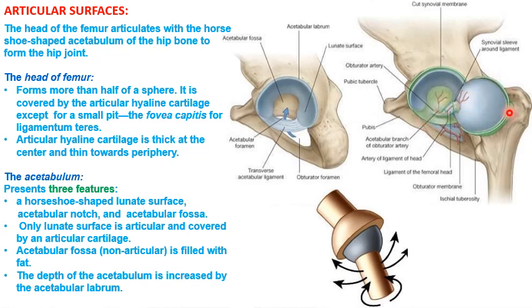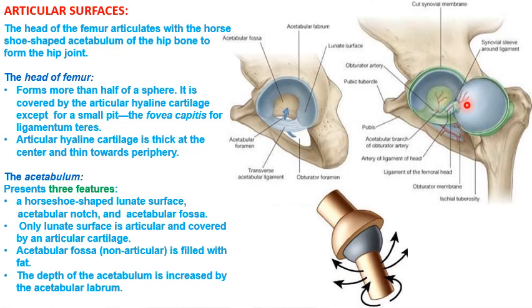So the whole of the head of the femur, which forms 2/3 of the sphere, is articular except at the fovea capitis, where it has its attachment to the ligamentum teres.